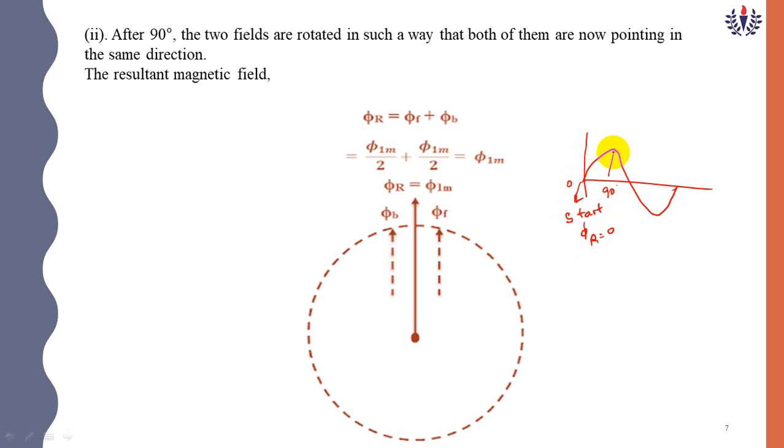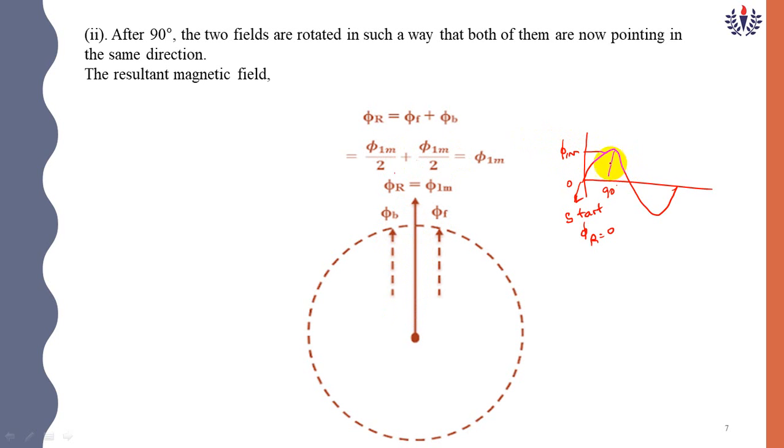When the flux is at 90 degrees, these 2 fluxes are now pointing in the same direction. You see, same direction. Then we get phi 1m by 2 plus phi 1m by 2, which is nothing but phi 1m.